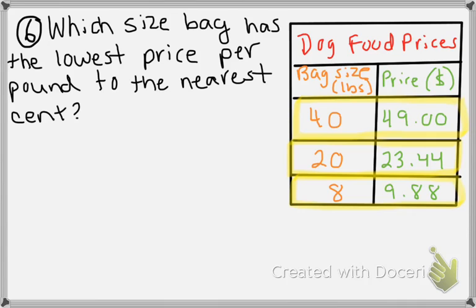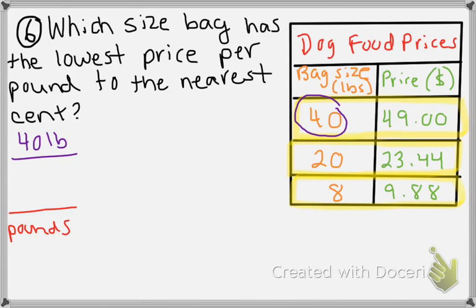Okay, so again, we want to go from 40 pounds to 1 pound. So when we make our ratio, all right, the 40 pounds, so we know what we're doing here, okay? When we make our ratio, since we want to go from 40 pounds to 1 pound, our pounds has to go into the denominator, right? And the other thing we're comparing it to is the money. So now let's fill in.